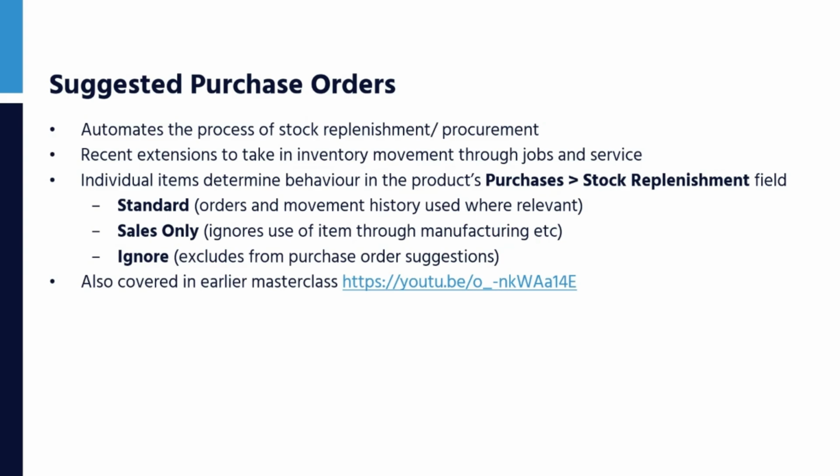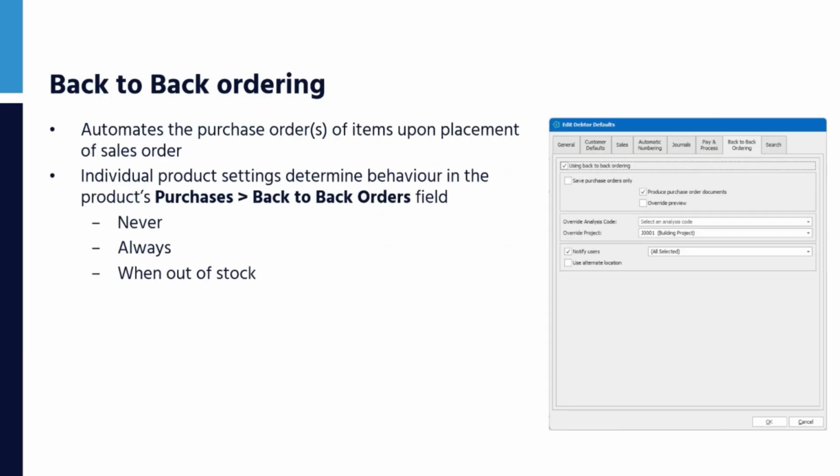And sales only basically ignores the use of the item through other things such as manufacturing, and standard is basically looking at the use of that item throughout the system and then suggesting how much you should reorder based on its use throughout the system. So again, the purpose of this slide was just to point out that you do have controls at the individual item basis, and just make you aware of the suggested purchase orders, which was covered in a previous masterclass.